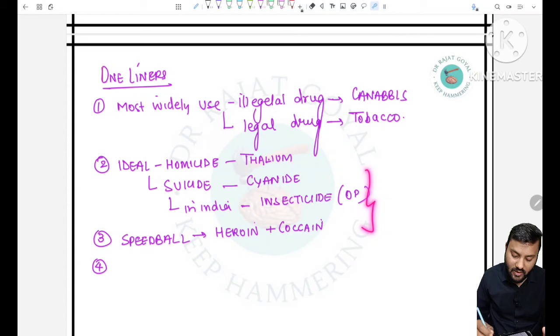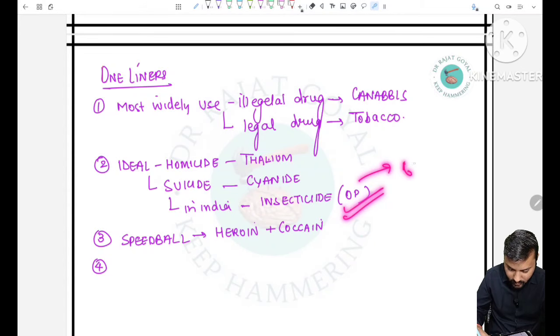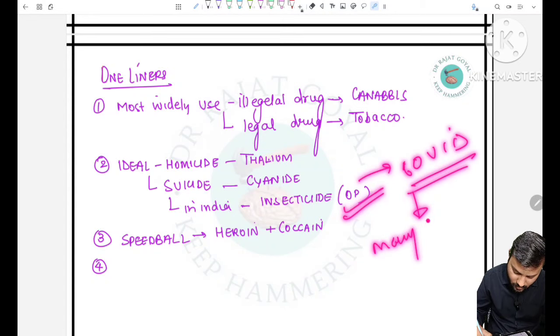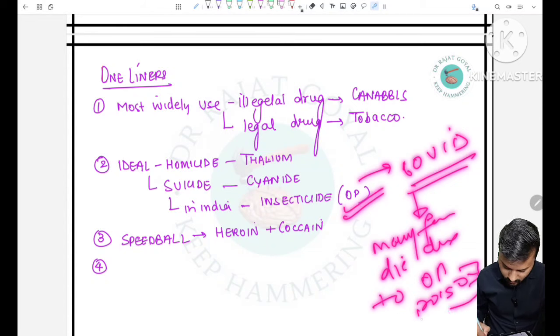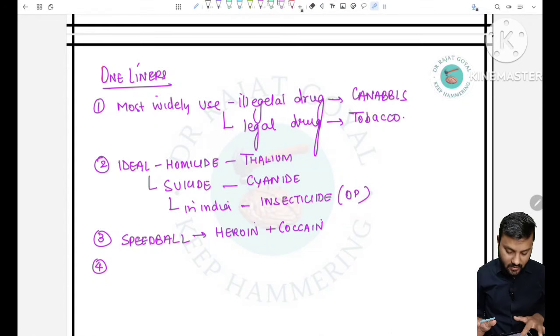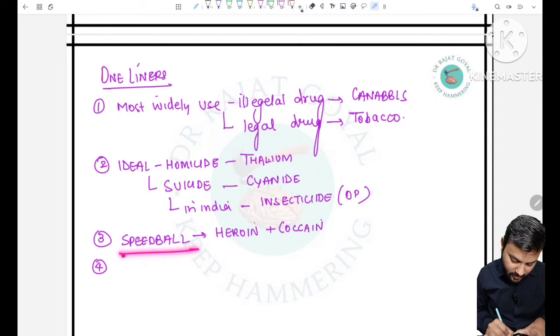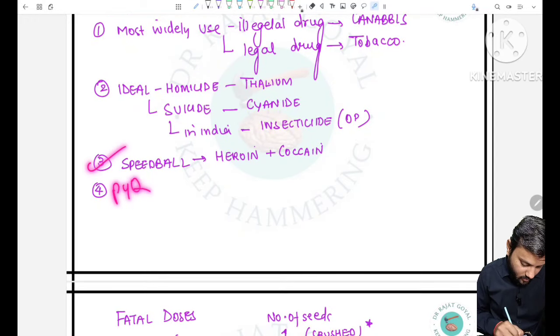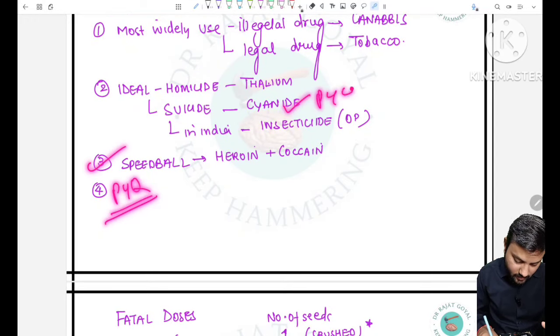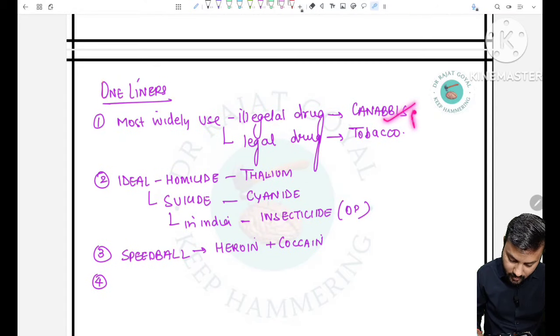In any time of crisis, such as the COVID time, many farmers died due to OP poisoning. So it is very commonly used for suicide in India. What is speedball? Speedball is heroin plus cocaine. It was also asked in previous years.